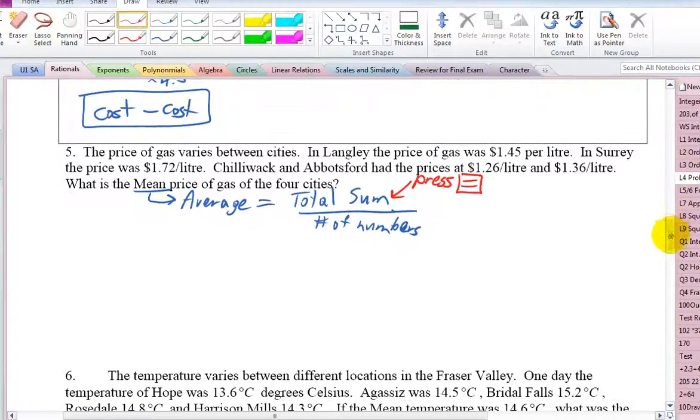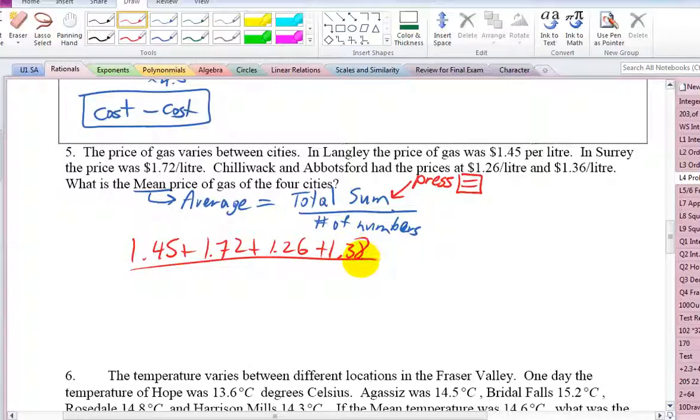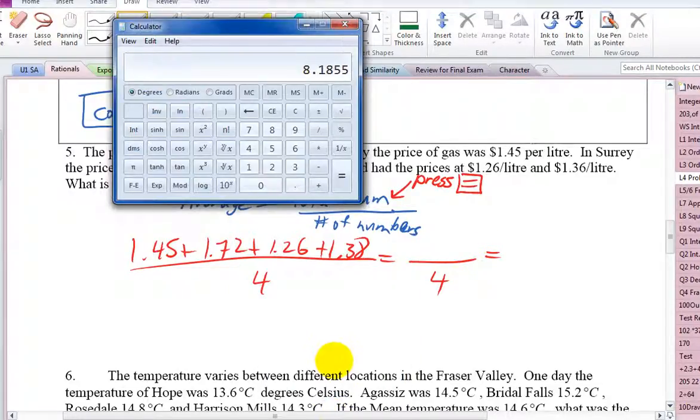Okay, so let's take this here. $1.45 plus $1.72 plus $1.26 plus $1.36. What are we going to divide by? 4. Now when you're writing this down, don't be super lazy. Actually find that number. That's forcing you to press equals to get the question right. Force yourself to get the right answer, please. Grab your calculator.